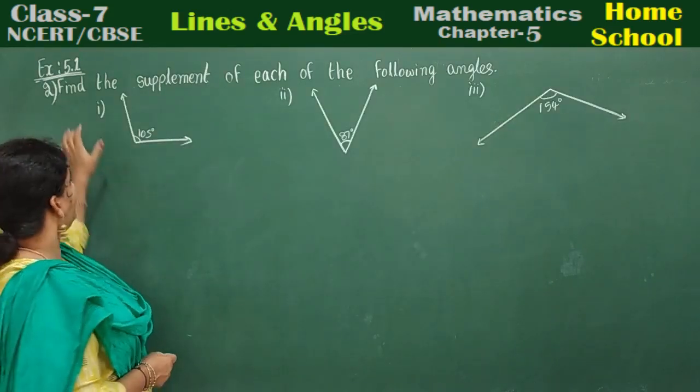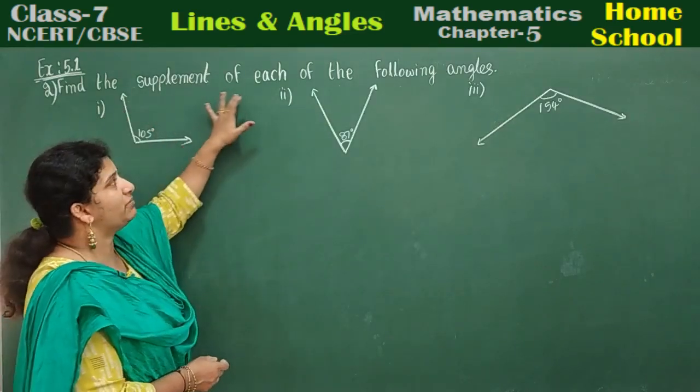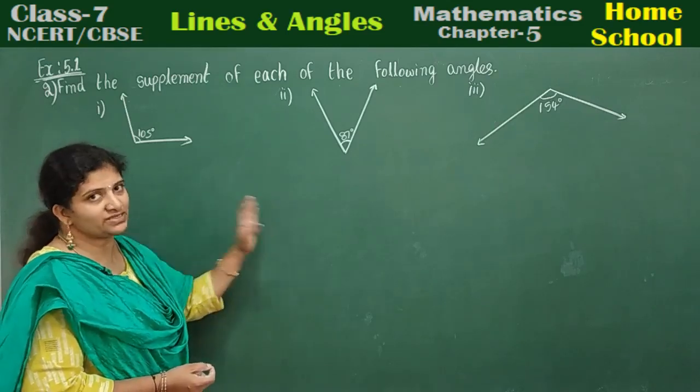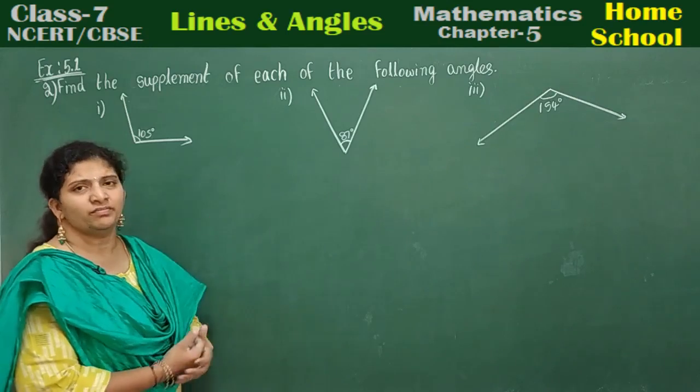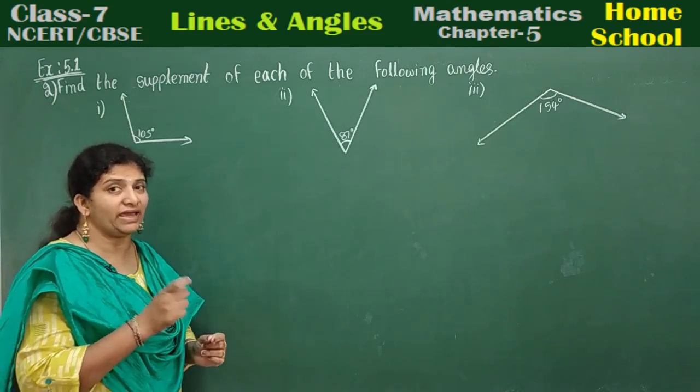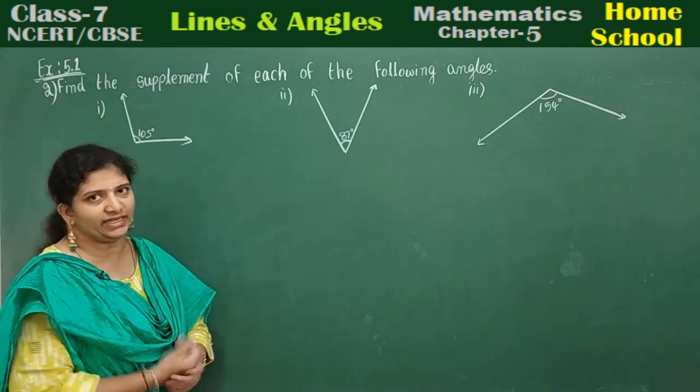See the second main. Find the supplement of each of the following angles. In this main, you have 3 sub-questions. What is supplementary angle? Supplementary angle means a pair of angles sum is 180 degree.